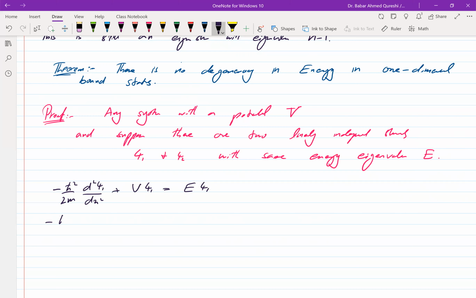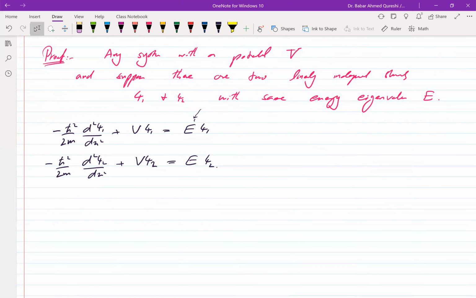This is true for the first state and also true for the second one, because they both have the same eigenvalue E. Now I can multiply this by psi 2 on the left, and multiply the other with psi 1, and subtract.